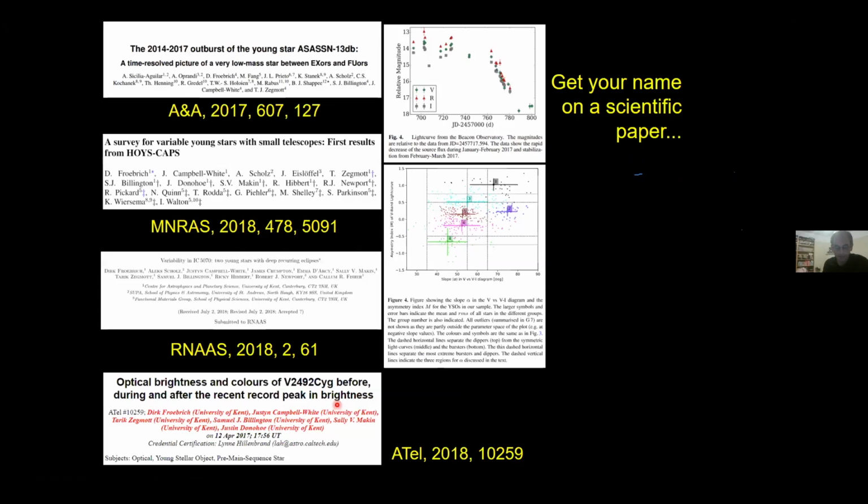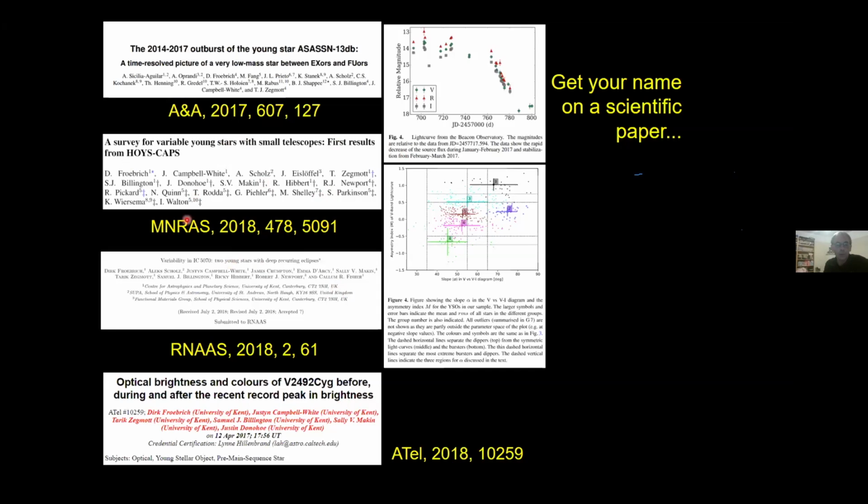And then you can get your name on a paper, because we will of course acknowledge that you have delivered data. The policy is that everybody gets on at least one paper, and we're trying to write a larger paper every 1 or 2 years with some new technique or a summary of some objects, where we will put all the amateurs on who have delivered data. These were the first couple of papers.